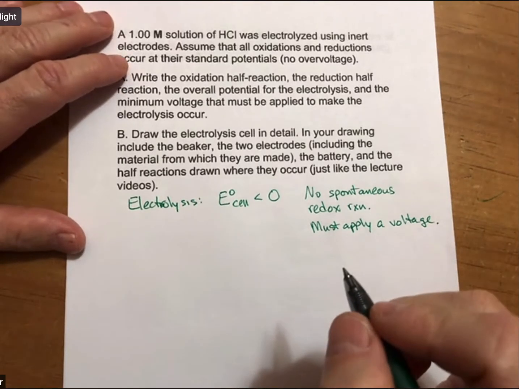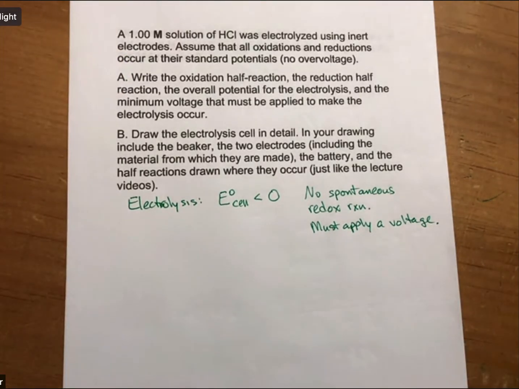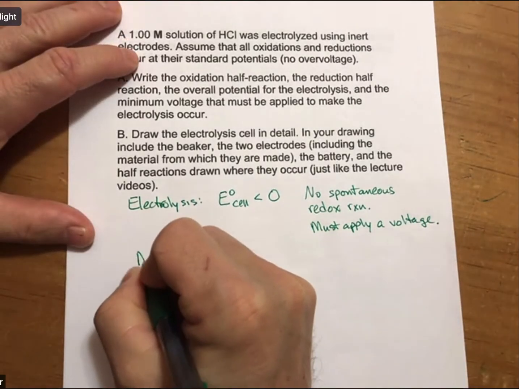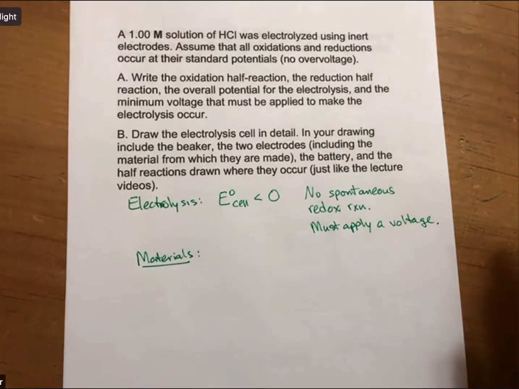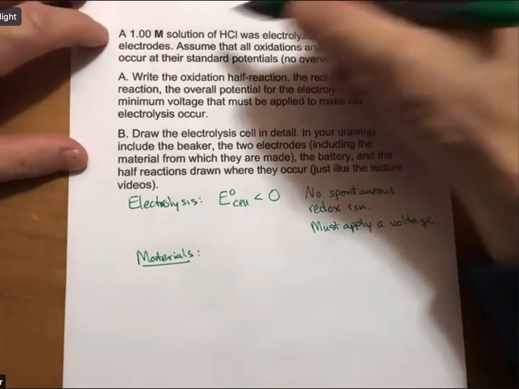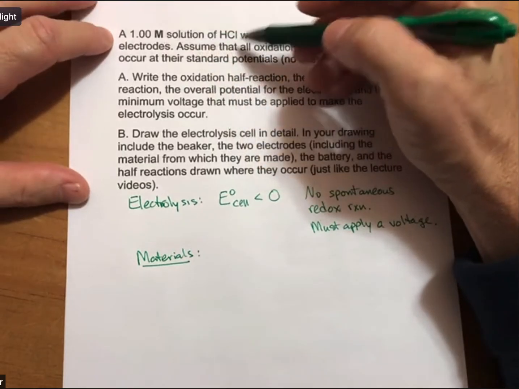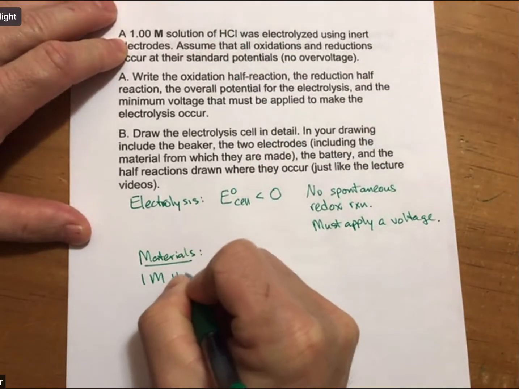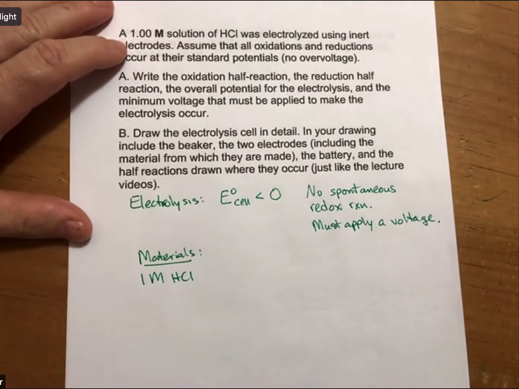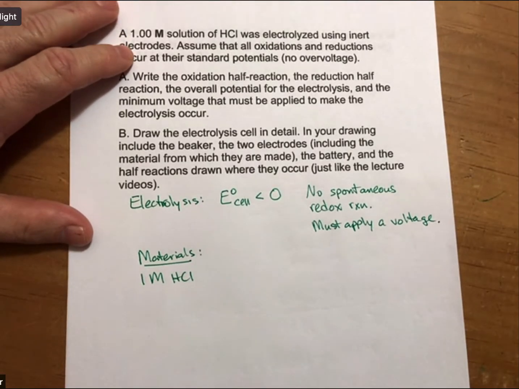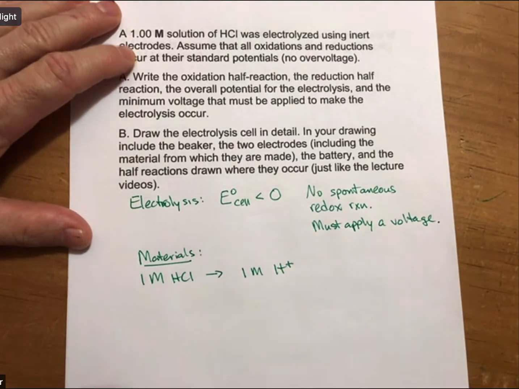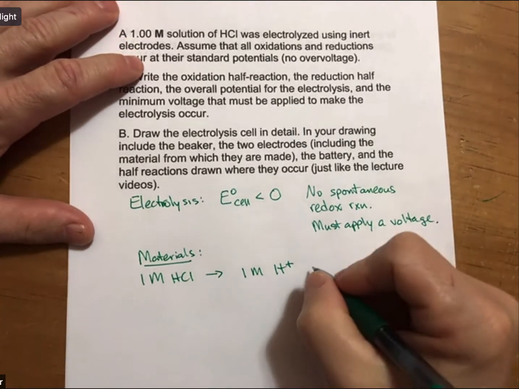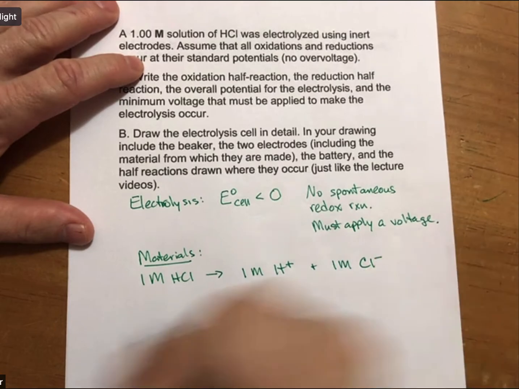Just like for voltaic cells, we're going to do these problems by noting the materials that we have and then looking at the SRP table to see which half reactions we can do. It says we have a 1 molar solution of HCl. We know that HCl is a strong acid, that it breaks down 100% into 1 molar hydrogen ions plus 1 molar chloride ions.